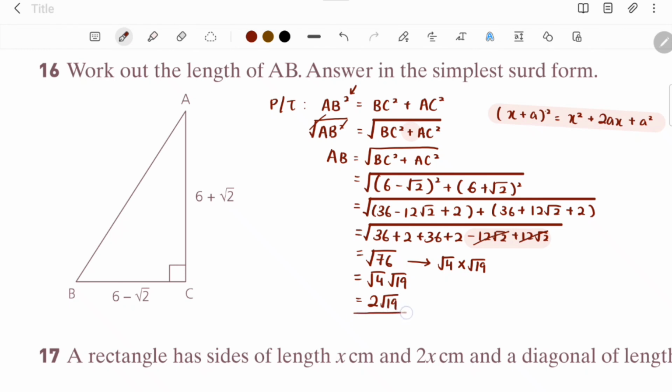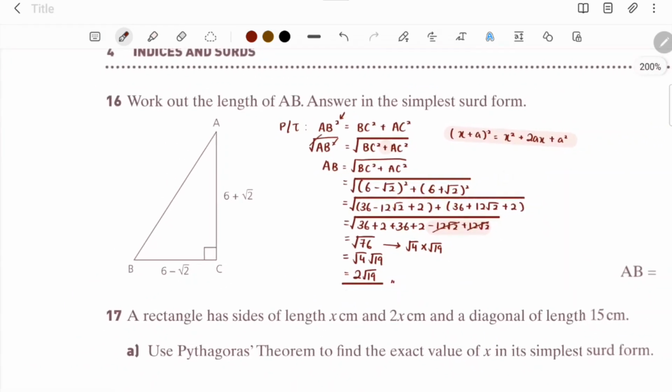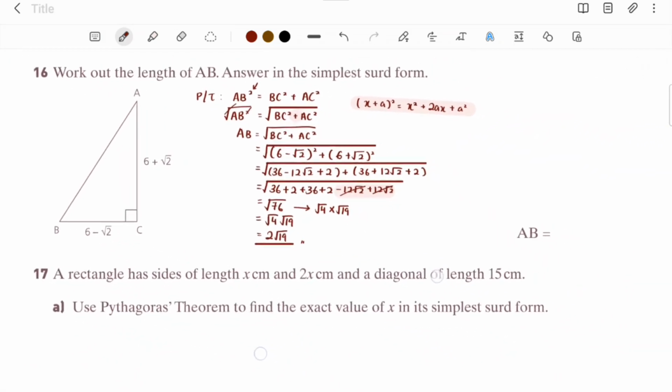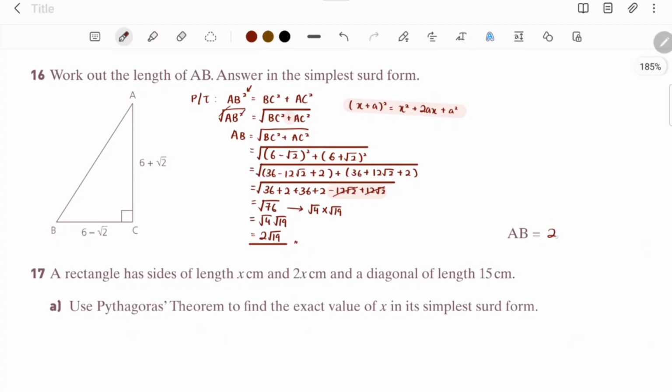So this one will be your final answer. Okay, AB is actually 2 surd 19.